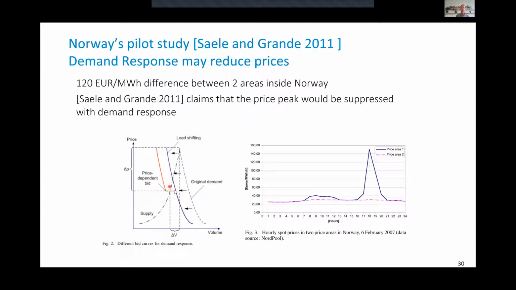Now, if we shift the demand, if we simply reduce the demand, we will obtain this price, which will be here. But in reality, what they have done in this experiment is to obtain what we called a minute ago the price-dependent bid, because the impact of their system is that users will stop using a number of things when the price goes above some level. So that will give this large discontinuity in the derivative here that will cause an even further reduction in the price here.